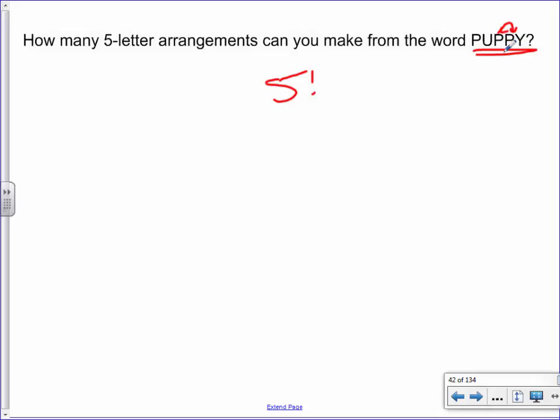No, I mean, it would still be P-U-P-P-Y. It's just 2 different P's in a different spot. So the twist here then is we have to divide by the fact that there are 3 letter P's. Stay with me if you can, okay? If you wanted to, you could also divide by the 1 letter U and the 1 letter Y, but really that's not really useful. So, I got 20. 20? Yeah.